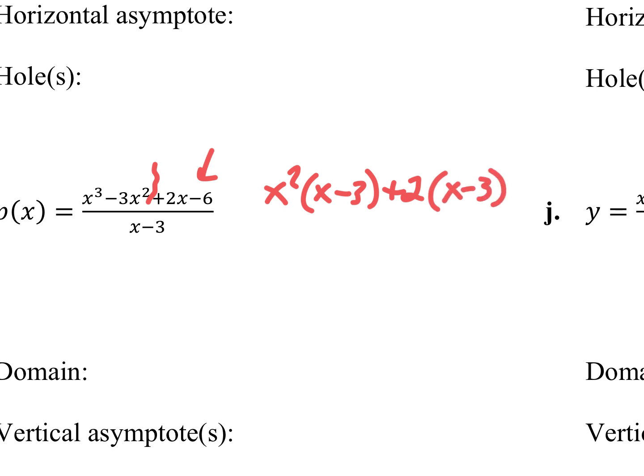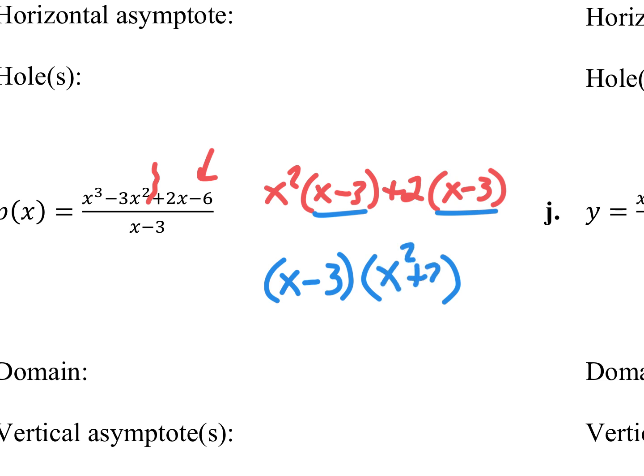The fact that these are the same is no coincidence. So, of course, those factor out. I like to put them in the front, because everything else we factor out, we put in front. And then what's left is x squared plus 2. Now, that's all over the denominator here of x minus 3.